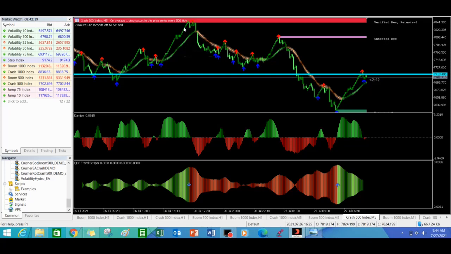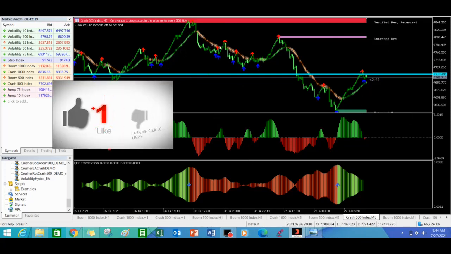I will be using this custom made indicator called the QDC Scraper indicator. It has everything that I am looking for. It is giving me the trends. These are the trend days, and the 4MA candles here are also trend trading candles. It also gives me the support and resistance level.